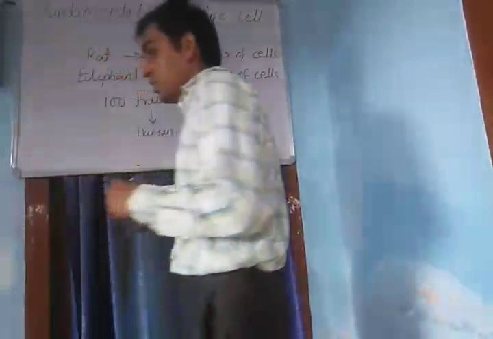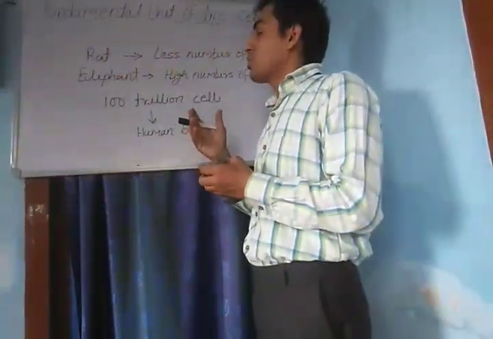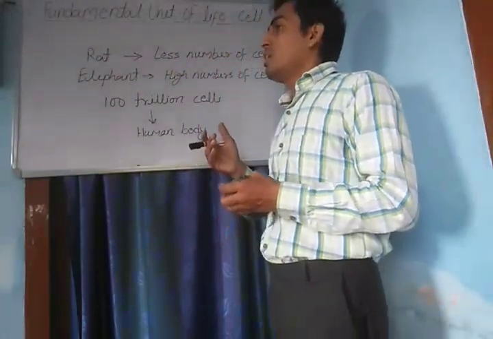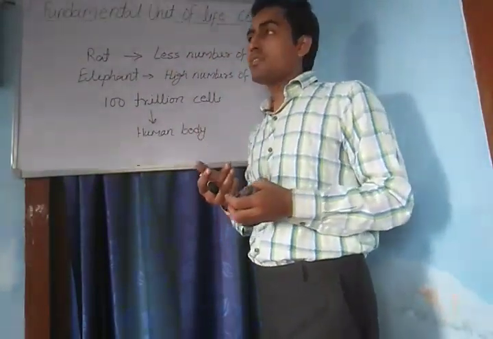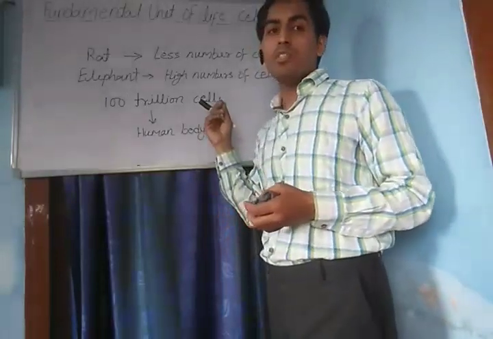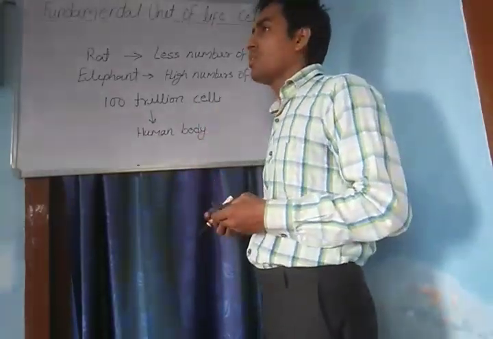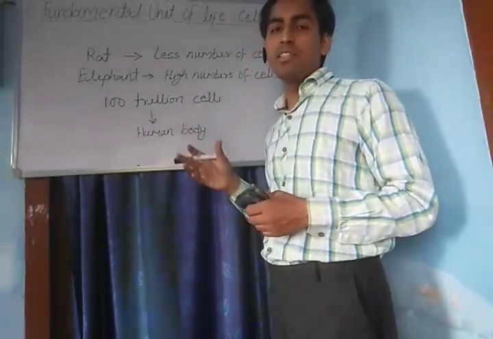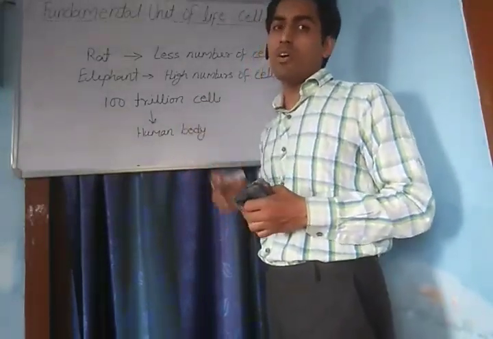So if the question is raised whether the number of cells or the size of cells defines the size of an organism, the answer is that the number of cells defines the size of an organism.